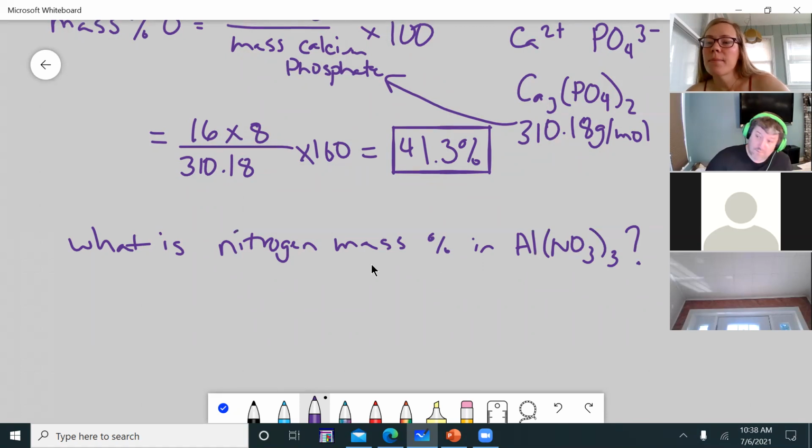And I don't want just the mass percent of nitrogen. I also want aluminum and I want oxygen. I want you to do the mass percent for all 3. Hint, they should all total 100%. If we're finding each one, they should add up to 100%. I'll give you 4 minutes for that one since I'm having you do the other 2.